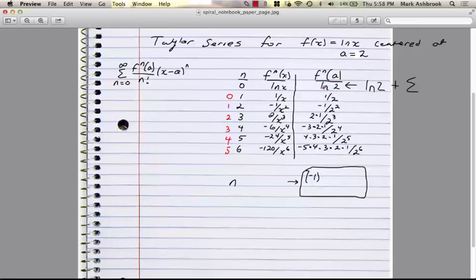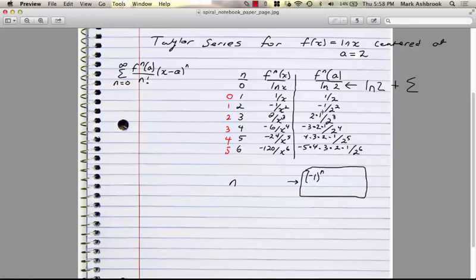So the first term is just going to be ln of 2 times n equals 0. 1, x minus 2 to the 0 is just 1. So we're going to have that first term ln of 2, and then we'll start the actual series here. So when n equals 0, we're positive. When n equals 1, we're negative. So we can do negative 1 to the n, right?